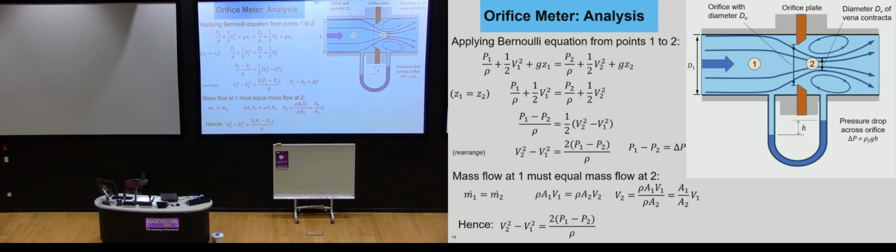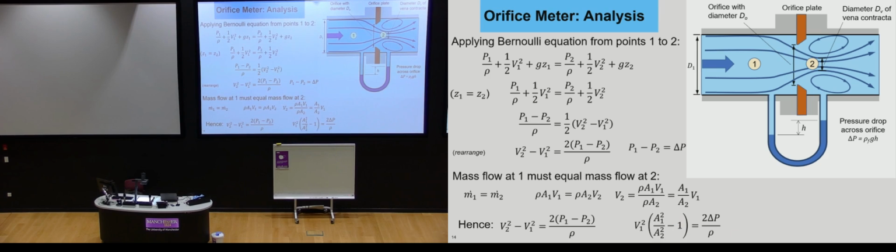That means we can substitute V1 into our expression. After a little bit of algebraic manipulation, we have that V1 squared times A1 squared over A2 squared minus 1 is equal to 2 delta P upon rho.